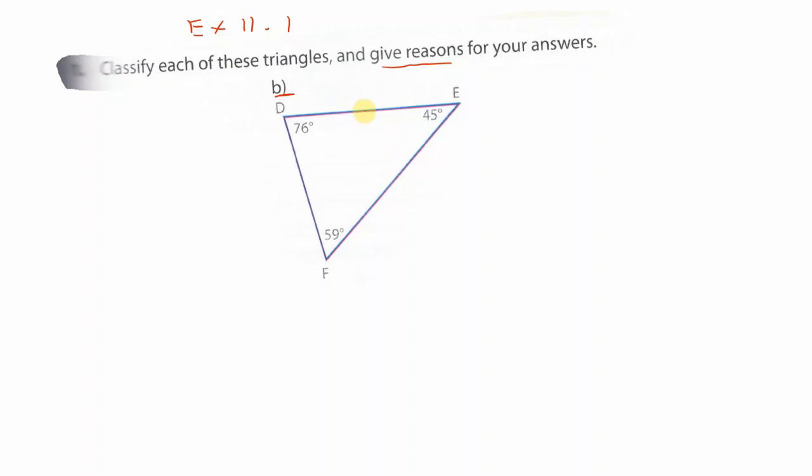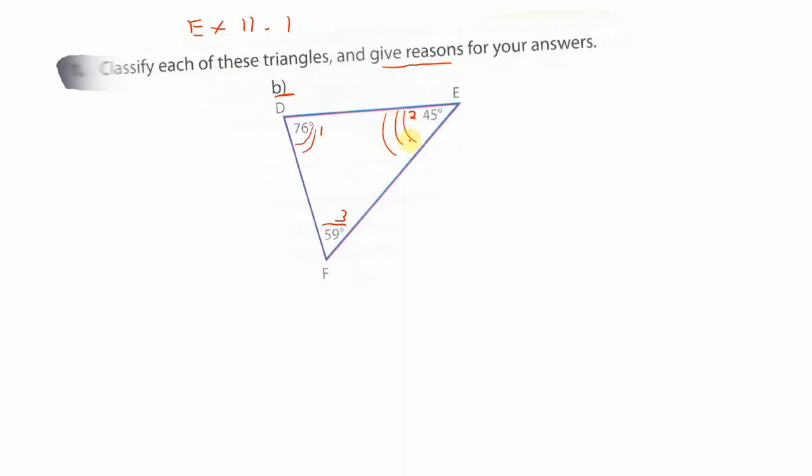So now I don't see any information given about the side lengths. We don't know anything about that explicitly. But what we do see is we have 1, 2, 3 different size angles. So all these angles are different sizes. So none of them match.